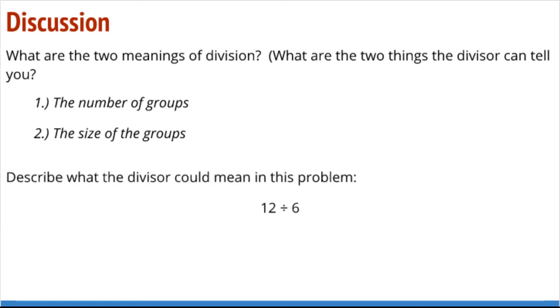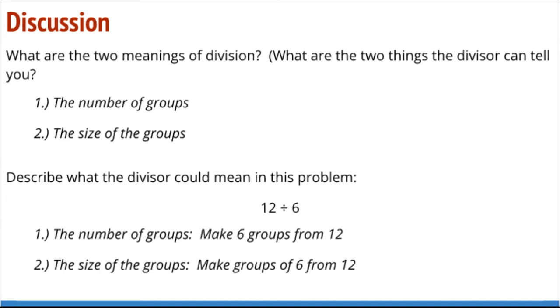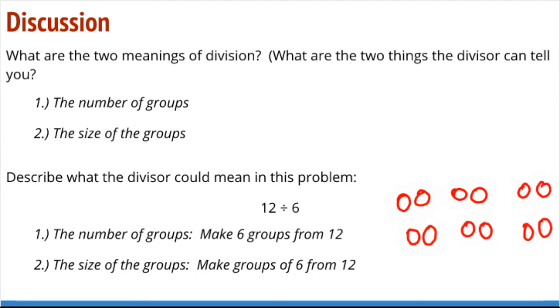So in this problem, 12 divided by 6, pause for a moment, think about this. It could tell us the number of groups. It could say make 6 groups out of these 12 that we have. Or it could say make groups of 6 from 12. Now these would look differently. If we make 6 groups, that's 6 groups.